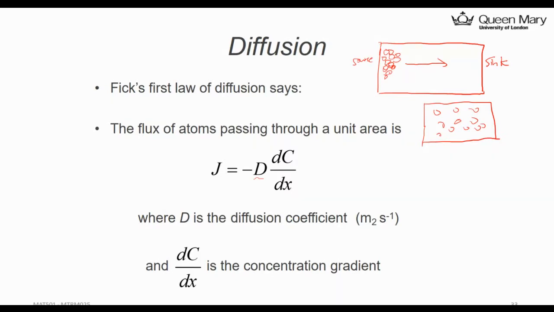So this is the concentration gradient. If you see, the concentration gradient here is very high, and in that area it is 0. Okay, concentration gradient dc over dx. That will kick in our diffusion-controlled creep. So let's discuss that.